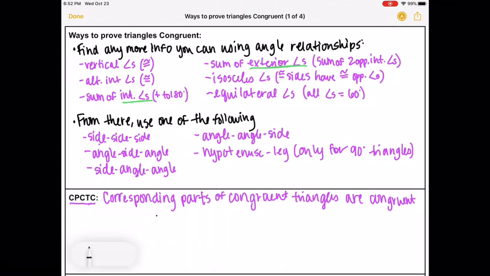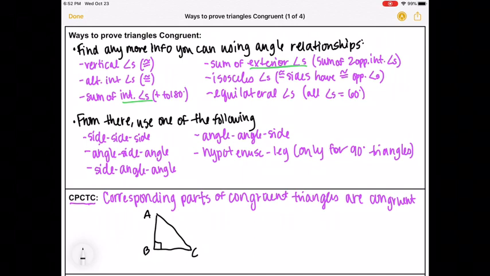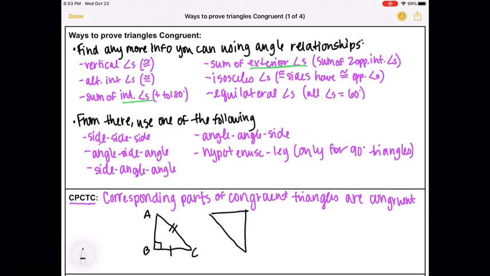Okay, so I'll give you an example here. Let's say I have a right triangle ABC. I have this leg and hypotenuse. Maybe that's what they give us.